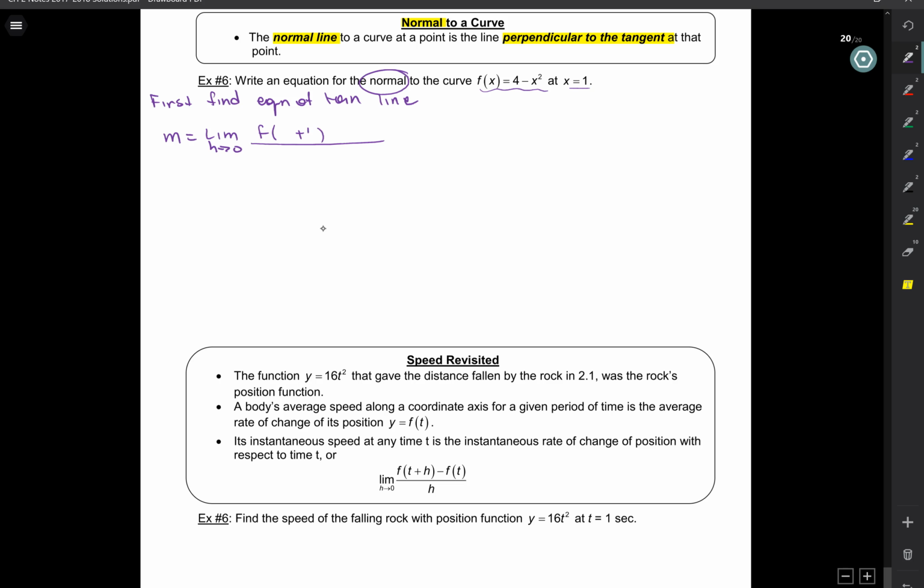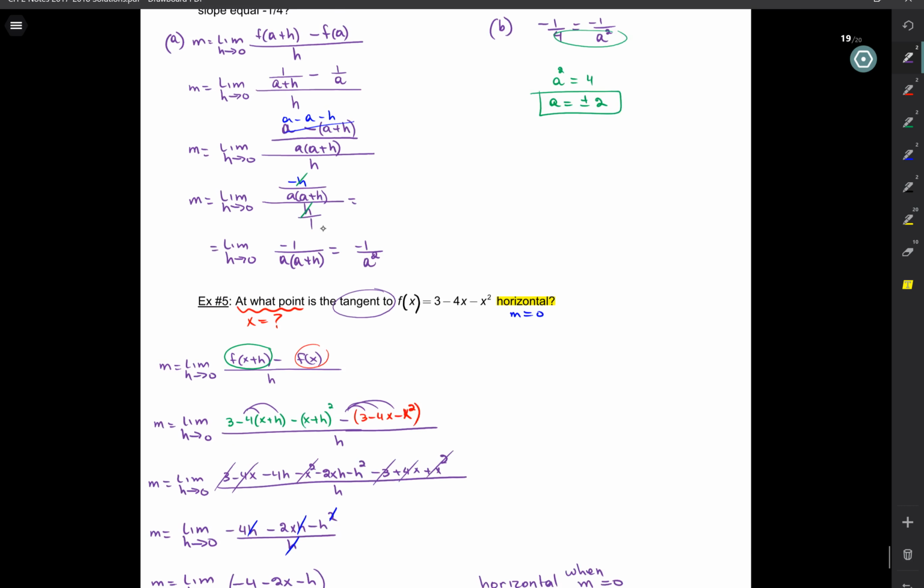At x equals 1, so it's going to be f of 1 plus h minus f of 1, all over h. To find the slope of the tangent line, it's always f of x plus h. But if you want to find it at x equals 1, then instead of f of x plus h, it'll be f of 1 plus h, just like we did before.